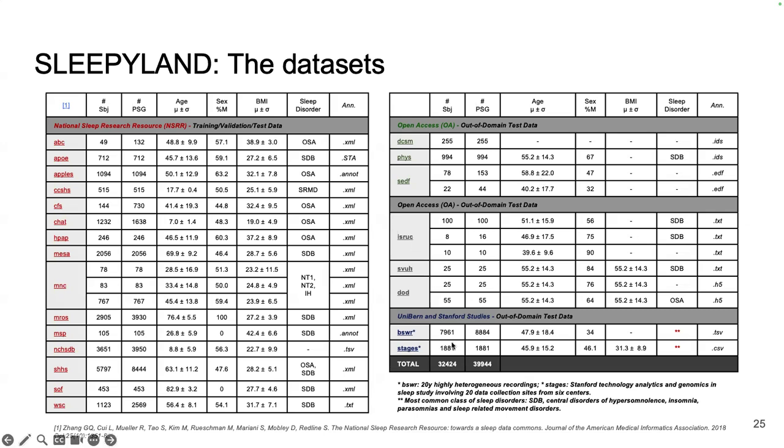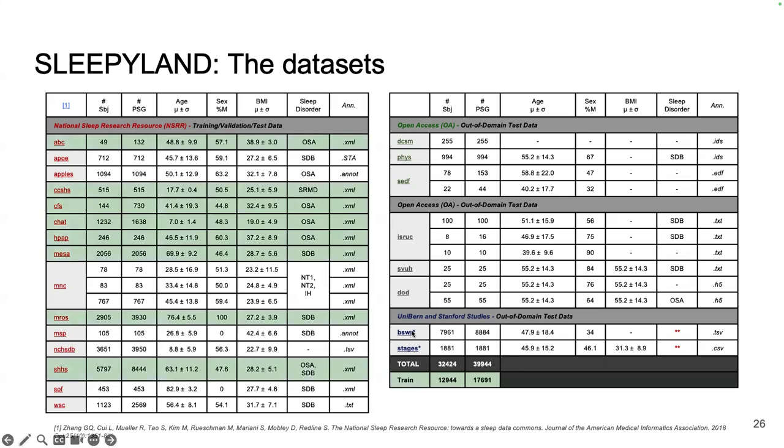And what I want to highlight here is that you see that we have also these other two databases. Mainly these one stages. That one, BSWR stages, is a database that you will find on the NSRR. That one is still not open, but these are quite rich data sets.